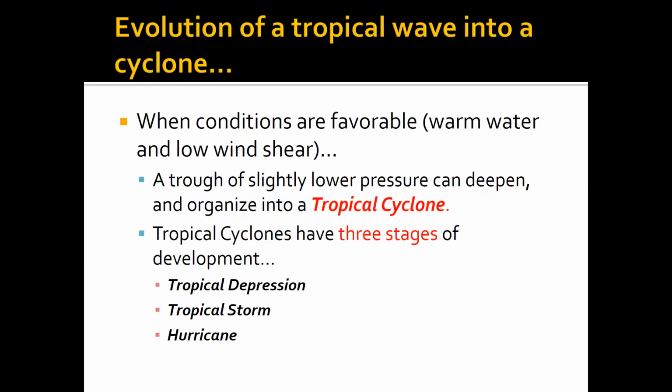And when the conditions are favorable, we see this happen. Now, these tropical cyclones exist in different stages of development. Here in the Western Hemisphere, so in the United States, we refer to these cyclones in 3 different stages. The 3 different stages are tropical depression, tropical storm, and hurricane.